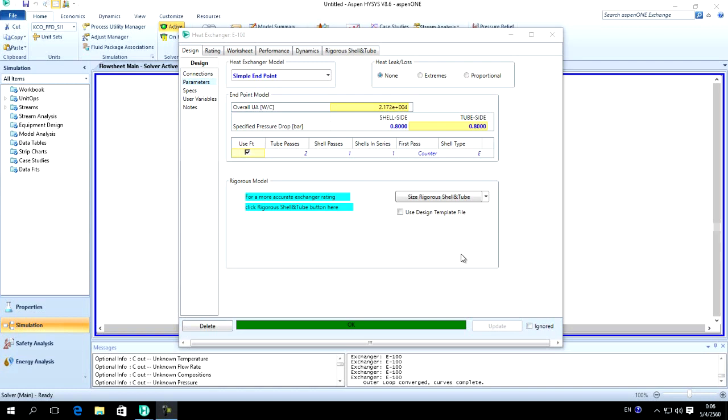Okay, now I can start doing the sizing by the legless heat exchanger method by clicking this.